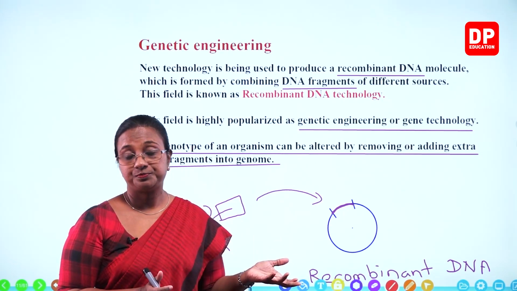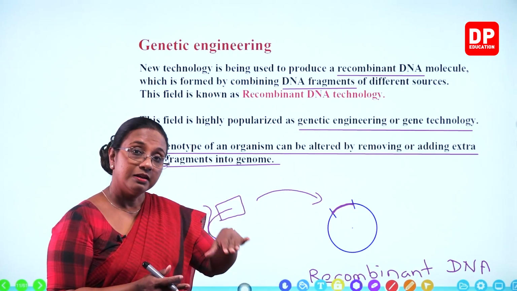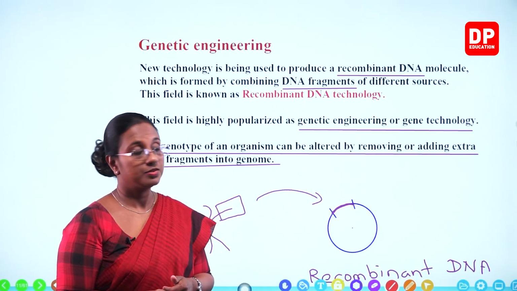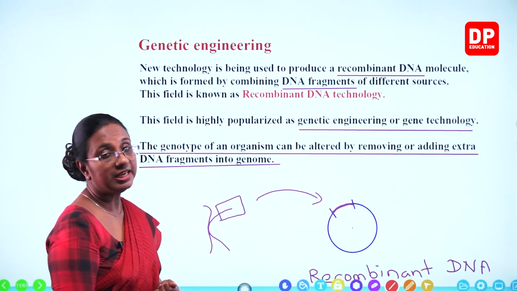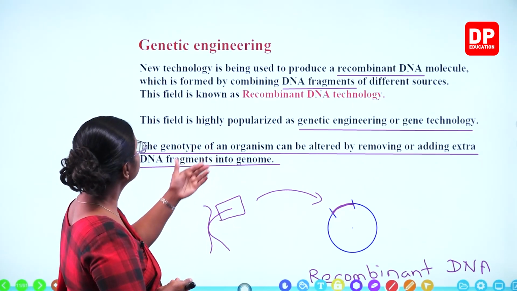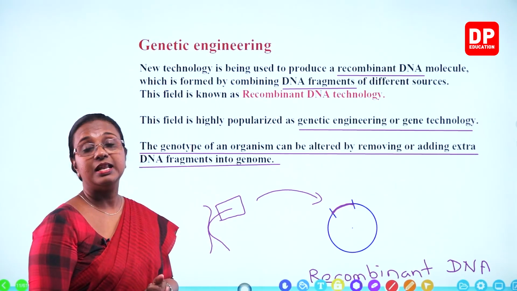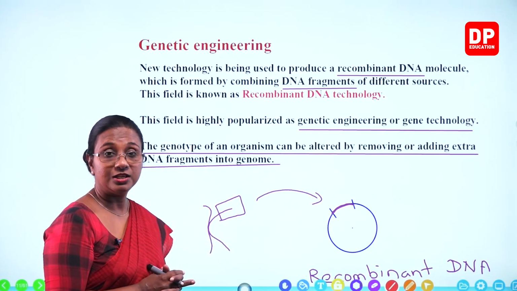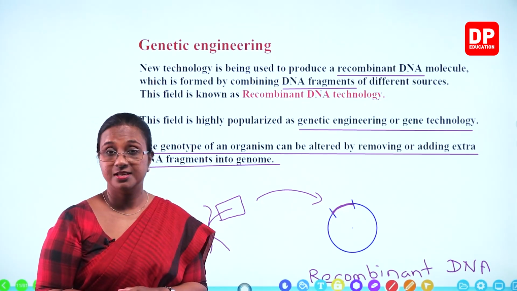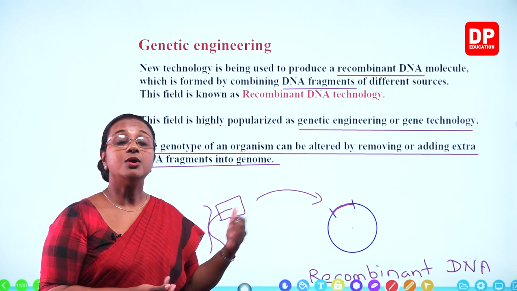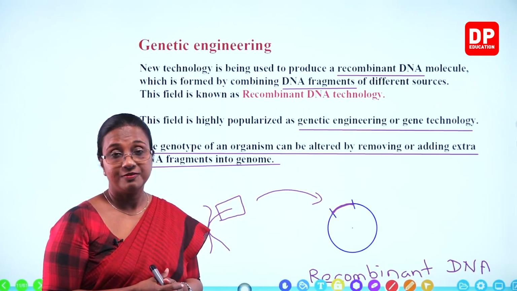So you can remove, you can add, or you can replace it with something else. All those are possible in gene technology or genetic engineering, and that is the field that carries out recombinant DNA technology. Is that clear to you all? This is a basic introduction to what genetic engineering is. Now we will see how this is applied in different fields.